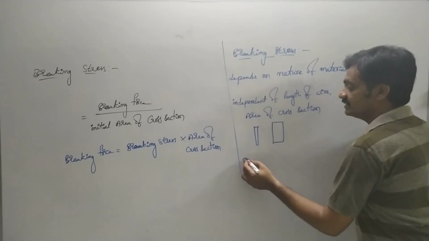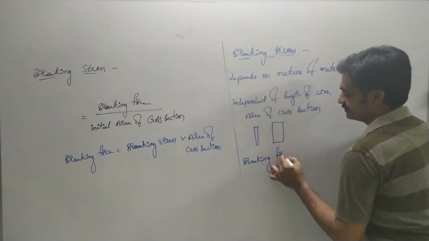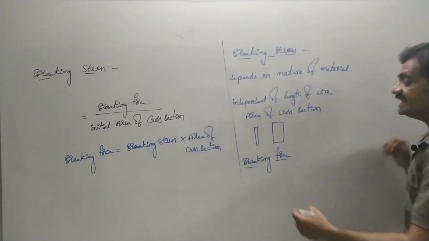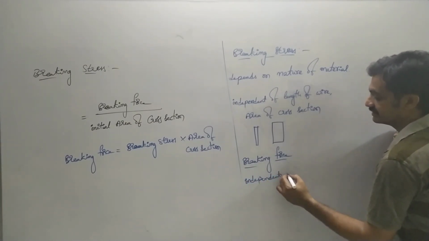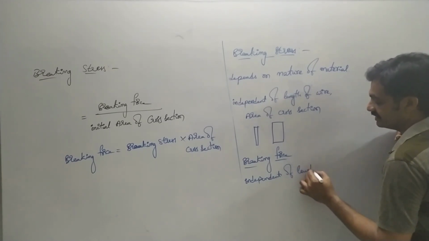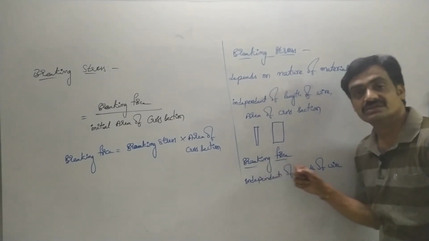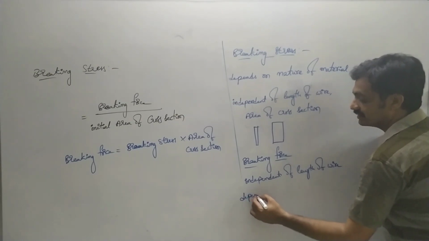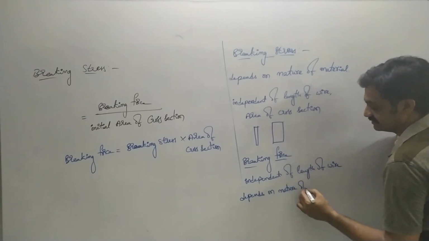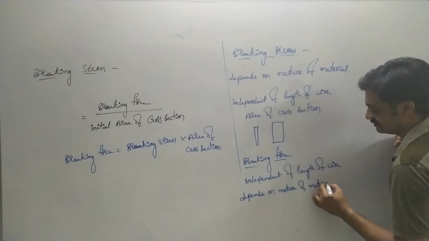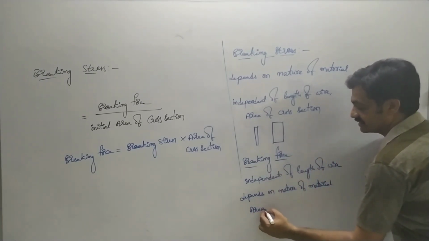Next, we are going to discuss breaking force. Breaking force is independent of the length of the wire, whereas breaking force depends on the nature of material as well as area of cross section.